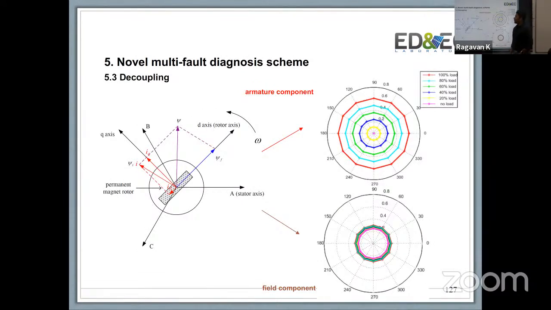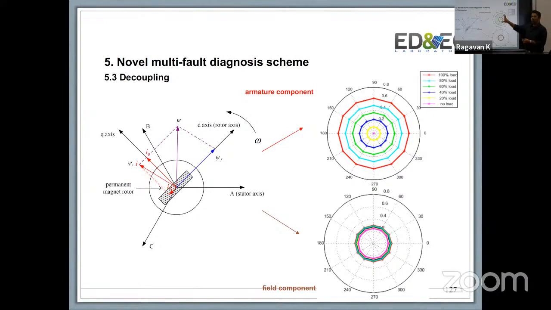Now, in terms of decoupling, we basically decoupled our system using the same method as you would use for going back from your vector control. We decoupled the system into two basic components: the armature component and the field component. One thing you will notice is that at different loads, your plot is just a spider graph.